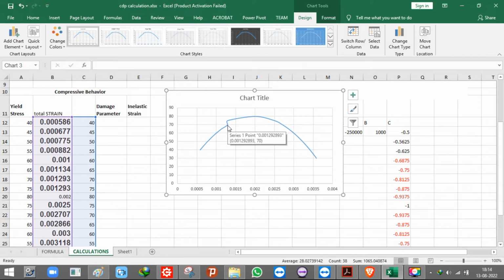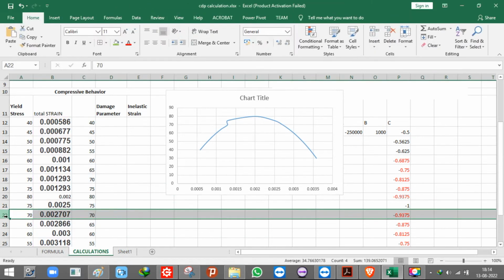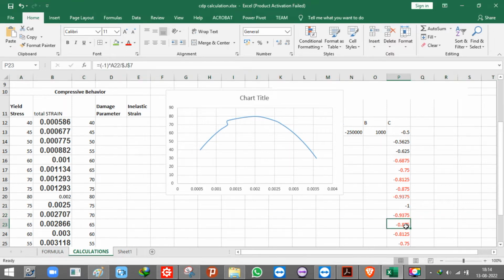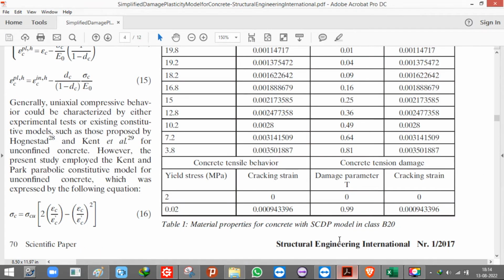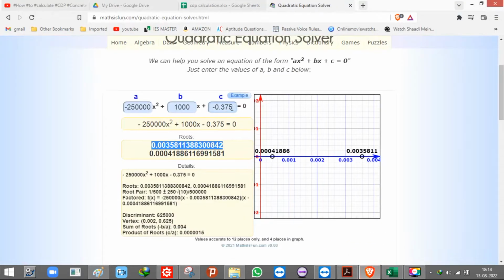Have I made any mistake over here? Up to 70 it is okay. Let me check it for this 0.875. What is the data? A22.